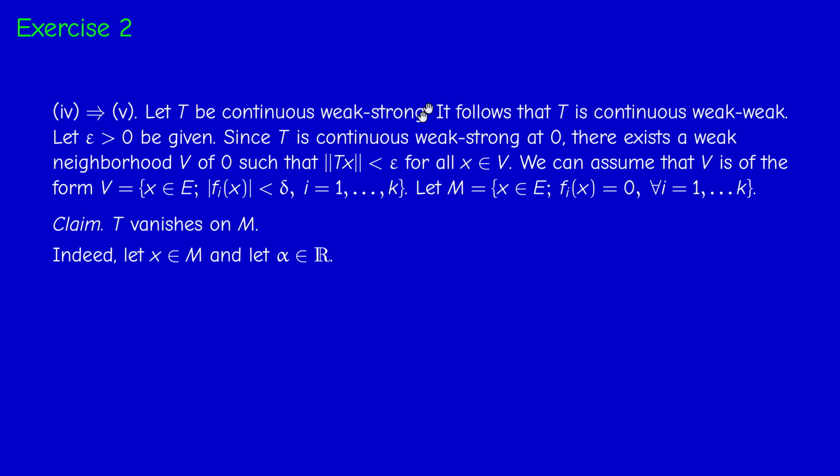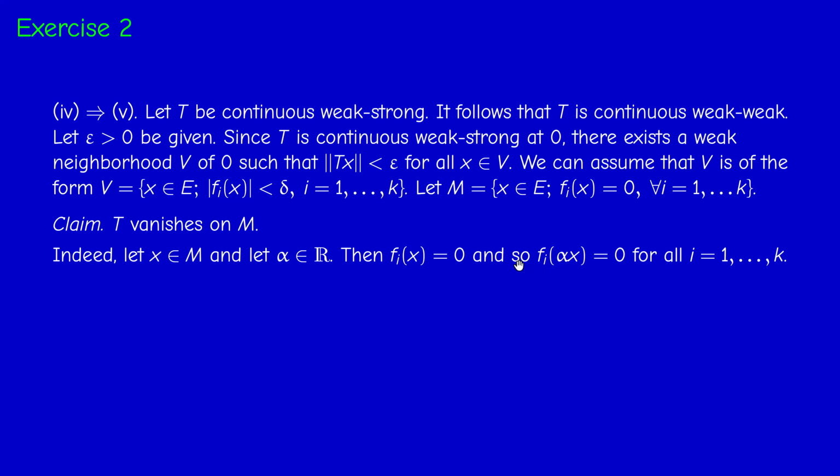Now we claim that the operator T vanishes on M, so Tx equals 0 for all x in M. Consider an arbitrary element x in M, and an arbitrary number alpha in R. Since x is in M, Fi of x is 0.